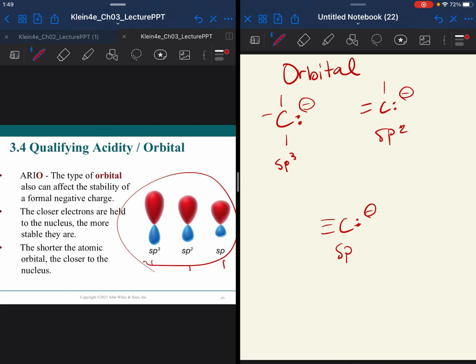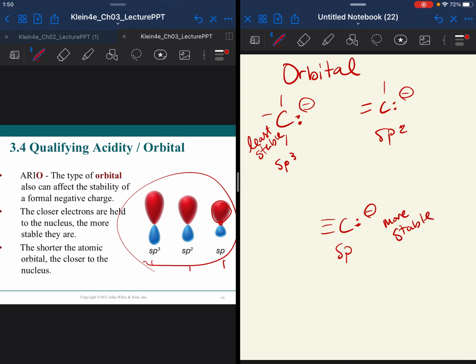The sp orbital is a little bit rounder, but it's also a little bit tighter, or the whole thing is closer to the nucleus, right? And the closer to the nucleus those electrons are, the lower in energy they're going to be, right? So sp is going to be more stable than sp2. This sp2 is going to be more stable than sp3.